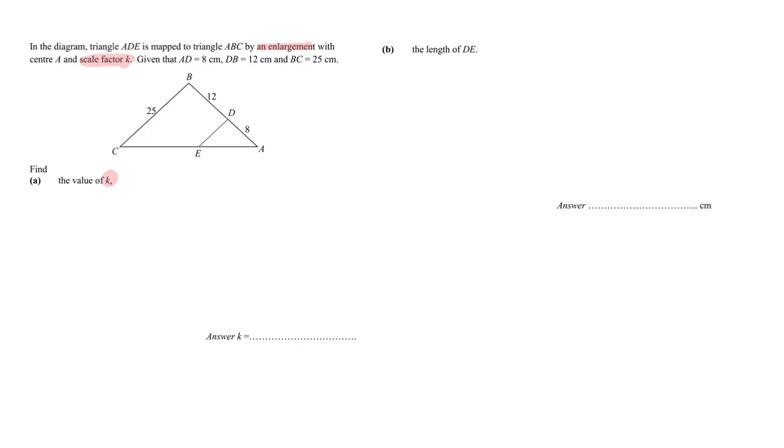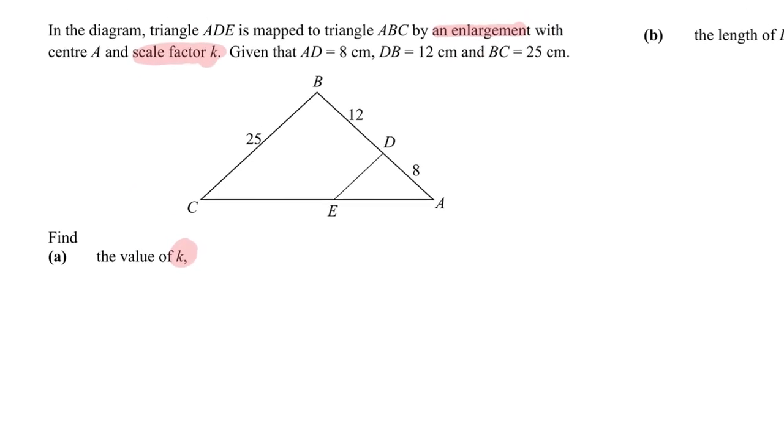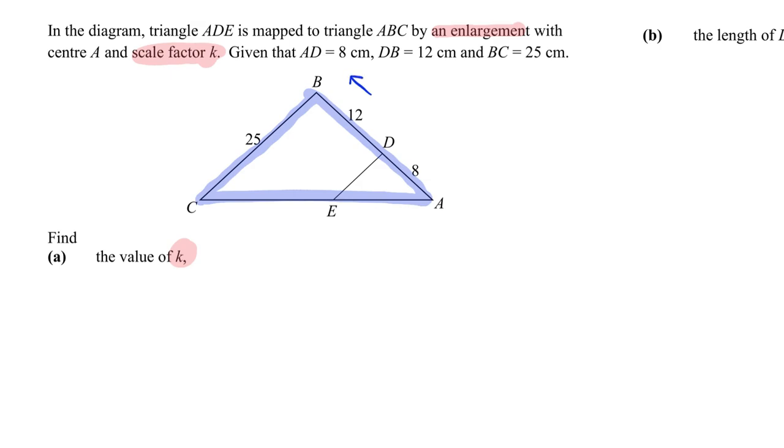For those who are not very good at seeing such overlapping triangles, my advice is to draw them separately. I have the big triangle, and in this case AB is simply 20.